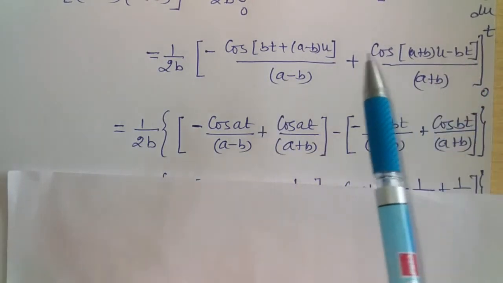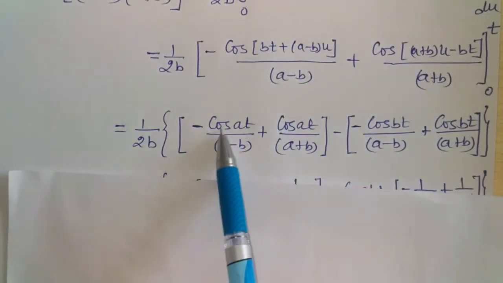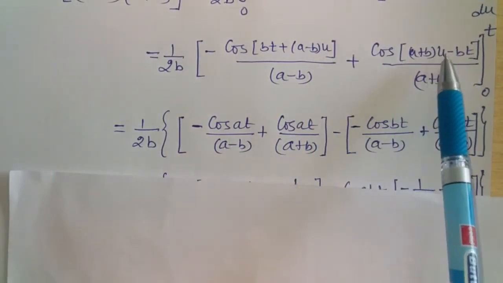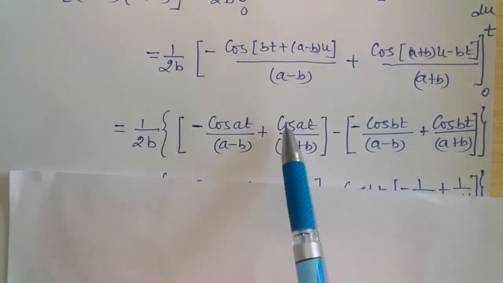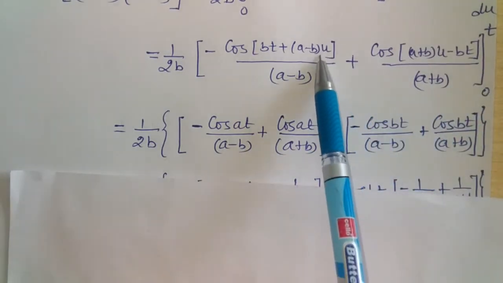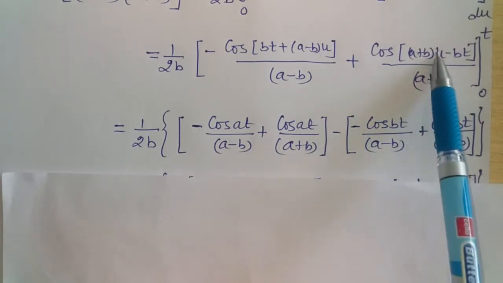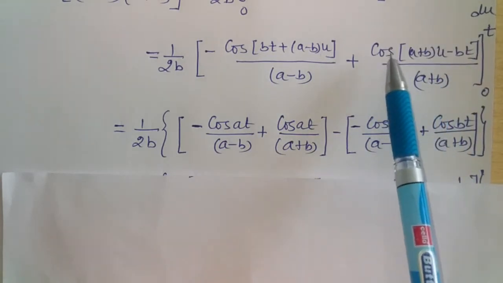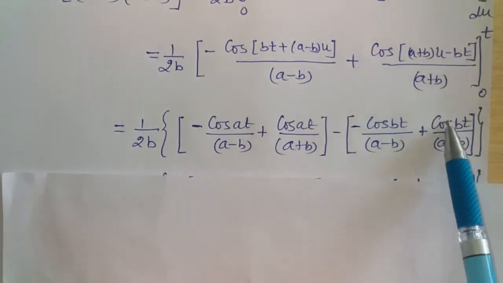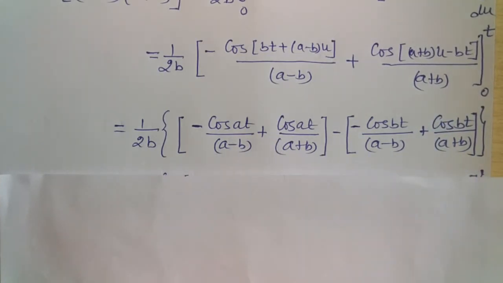At the upper limit u equal to t, bt minus bt cancel and we get at, so minus cos at upon a minus b plus, again at upper limit u equal to t, bt minus bt cancel, we get cos at upon a plus b, minus the lower limit u equal to 0, which gives minus cos bt upon a minus b plus, here u equal to 0 we get cos of minus bt, but cos of minus theta is cos theta, so we have cos bt upon a plus b. So we put the upper and lower limits.